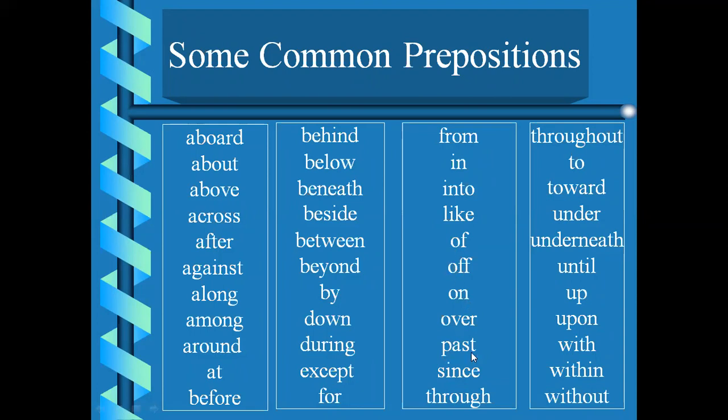On, over, past, since, through, throughout, to, toward, under, underneath, it equals under, until, up, upon, with, within, and without. All of these words are prepositions. Some of them are used to refer to a place, and the other part is used to refer to a time.